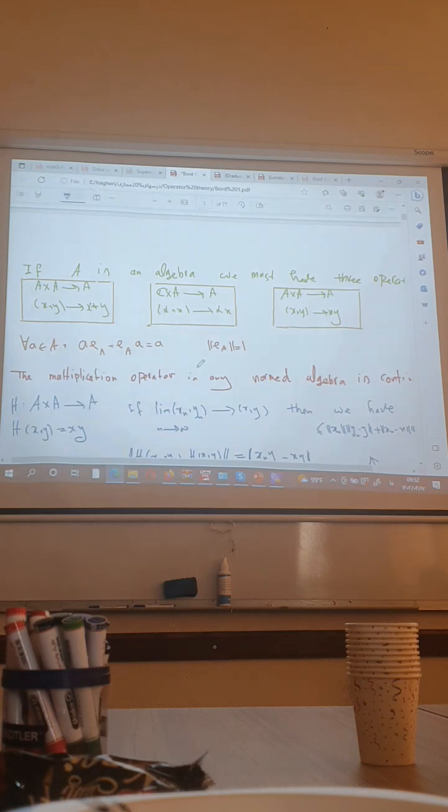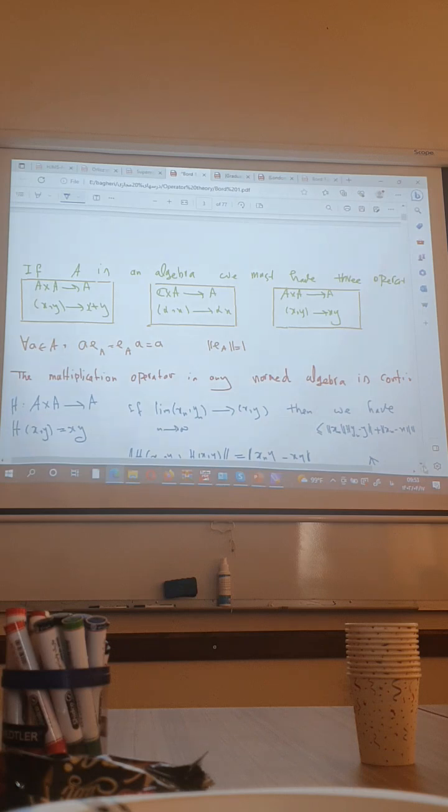And if we have an identity element, we say this algebra is unital: multiplication of A with E equals E multiplication by A equals A. This is the identity element.